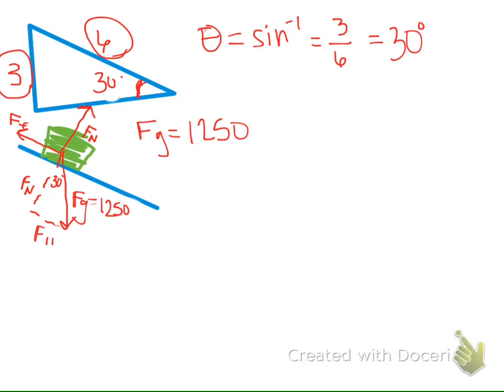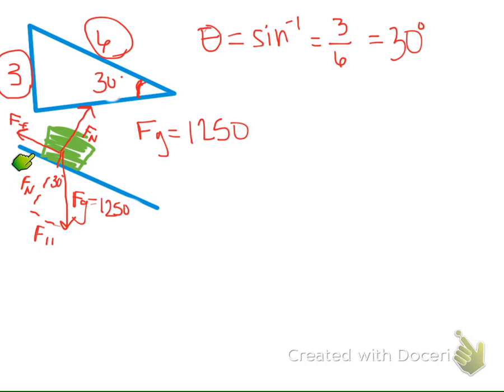So now how do you want to go about solving the rest of it? Are we going to need to find the normal force? You say no, you say they're the same. The normal force would not be the same as the gravitational force because they're not set directly opposite. This one's at an angle.